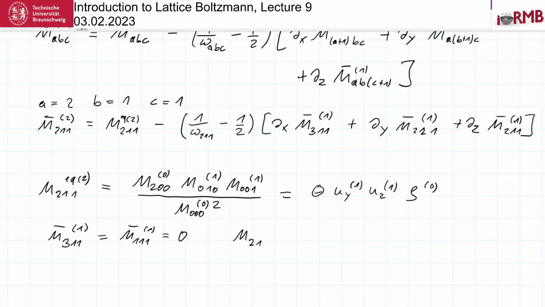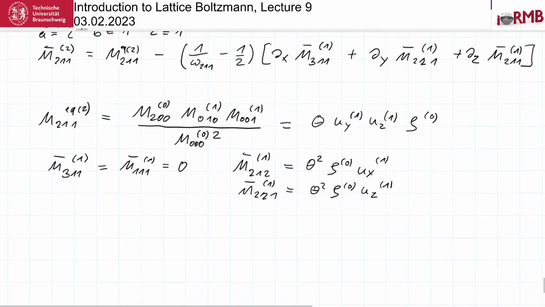And M212 to first order is equal to theta square rho 0 order uy first order, and then we have the other guy, of course, that looks the same way, theta square rho 0, and that would be uz first order, obviously.